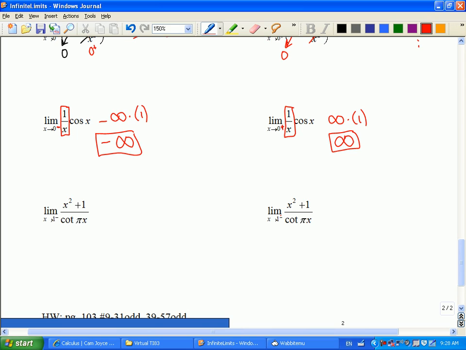Okay, so the final one here is using the quotient rule for the infinite limits. And let's see here. On the top, if I was to square this and add 1, it's going to be 2. You think I would know how to add 1 plus 1 by now, right?